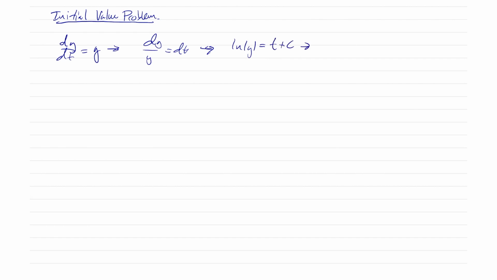And so then that tells me that the absolute value of y is equal to e to the t plus c. And we'll just assume, for now, that y is positive. So this gives me a whole bunch of constants, and we can write this as e to the c times e to the t, or just say it is e to the c tilde times e to the t for some other c that has to be positive.